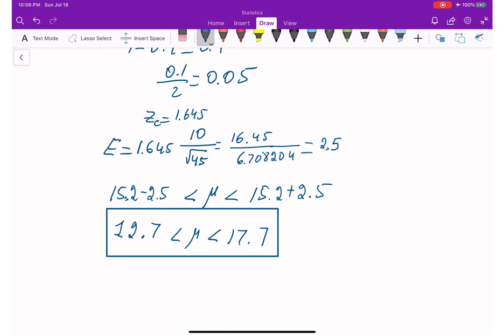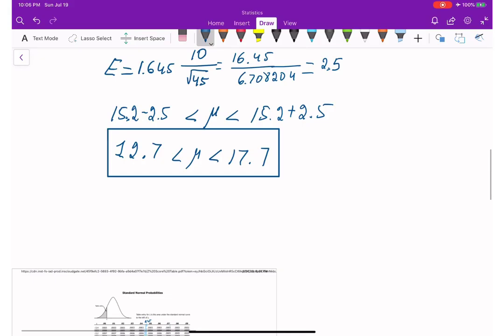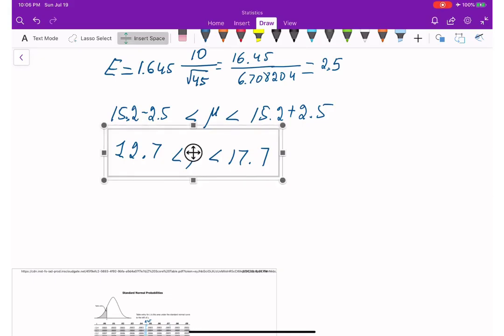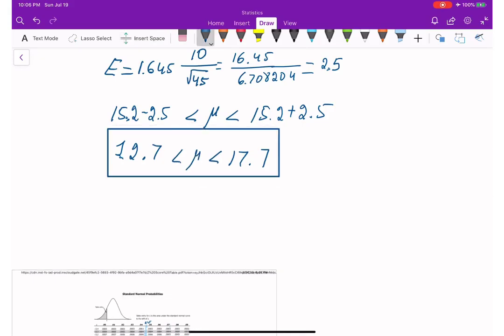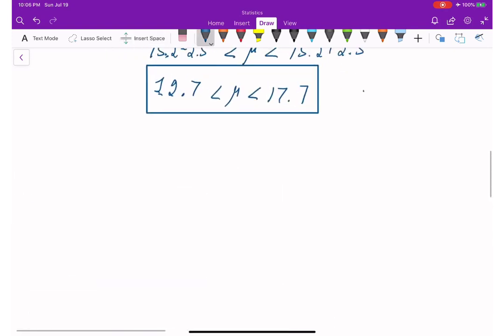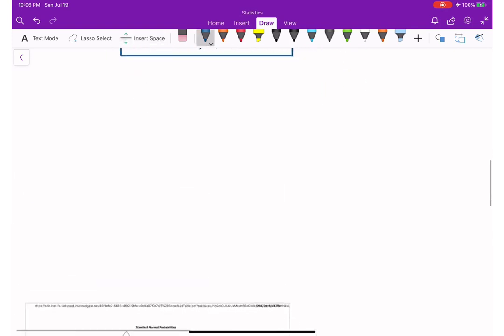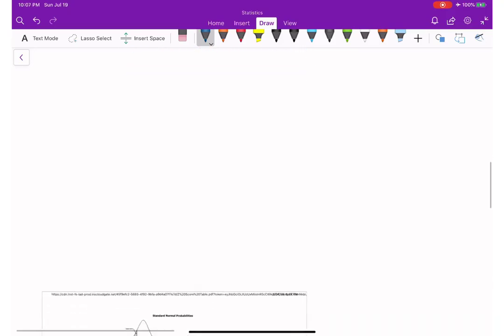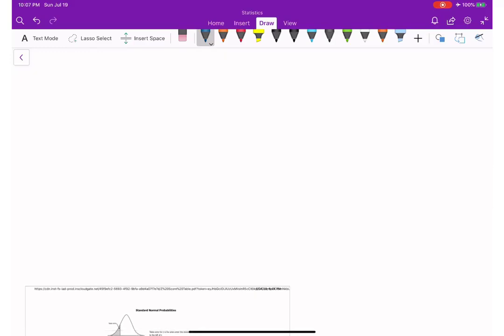Next, let's solve another problem like that. So find the minimum. Okay, now we are going to solve sample size.